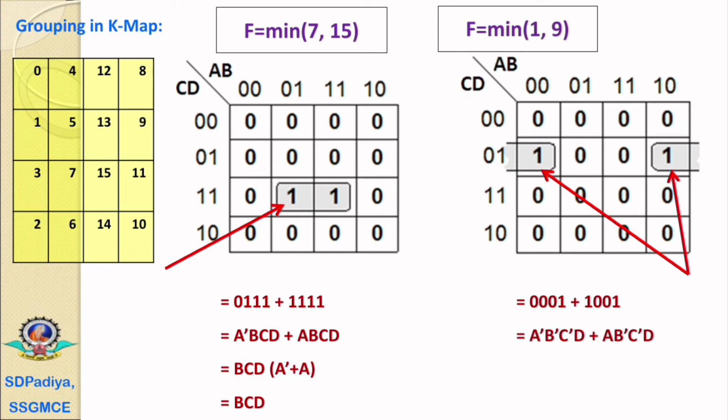Now among these two, b dash, c dash and d are the same, therefore taken outside the bracket. Then inside the bracket there is only a dash plus a, and it is finally 1. Therefore, at last we have the simplified expression with the elimination of one term, and it is b dash c dash d.